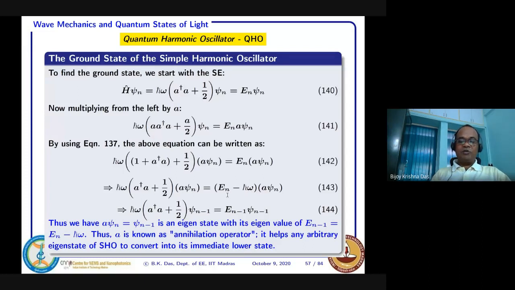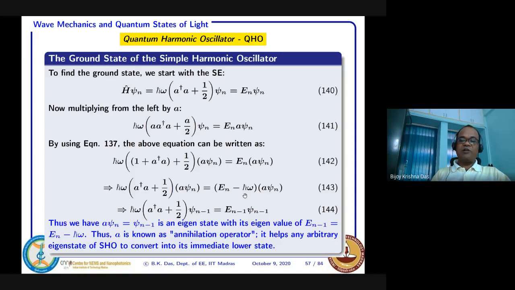So what we can say is that A psi n is giving another eigenfunction, an eigenstate, which has an eigenvalue lower than En by h cut omega. So we can rewrite this equation carefully. I am writing this Hamiltonian as it is, and for this one I give psi with subscript n minus 1, because the energy is reduced.